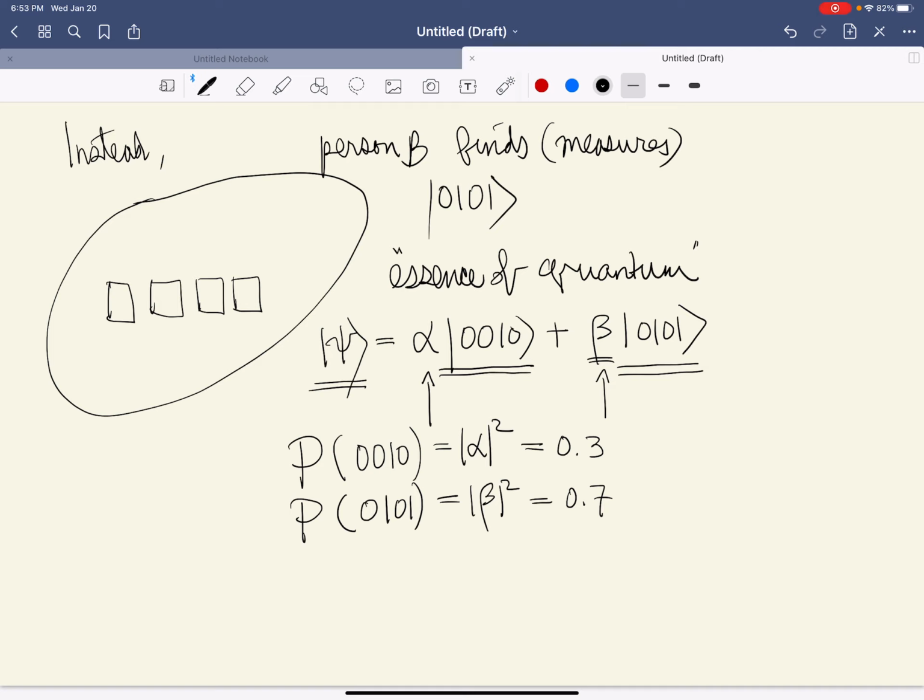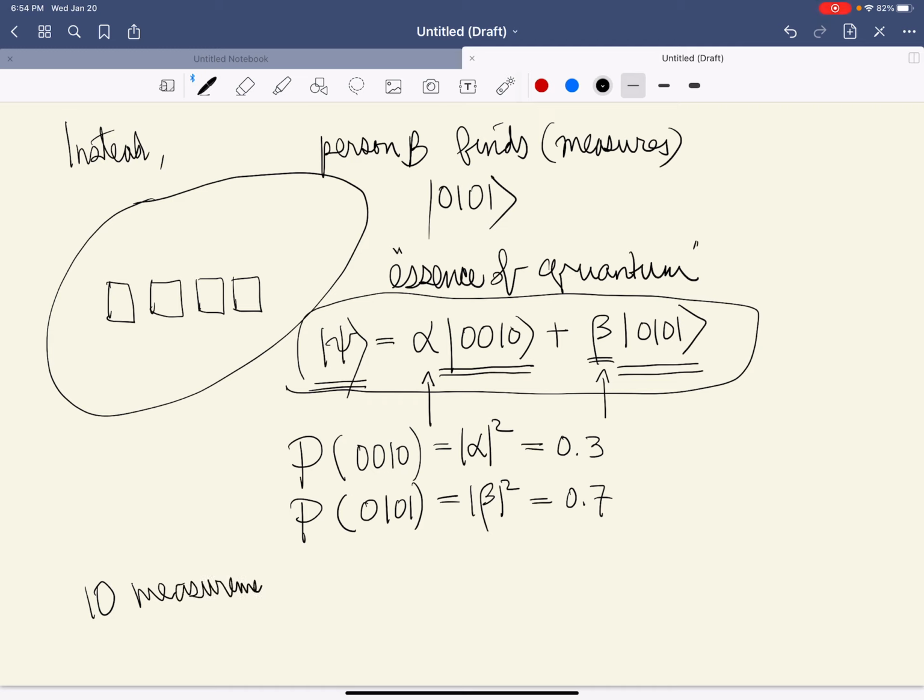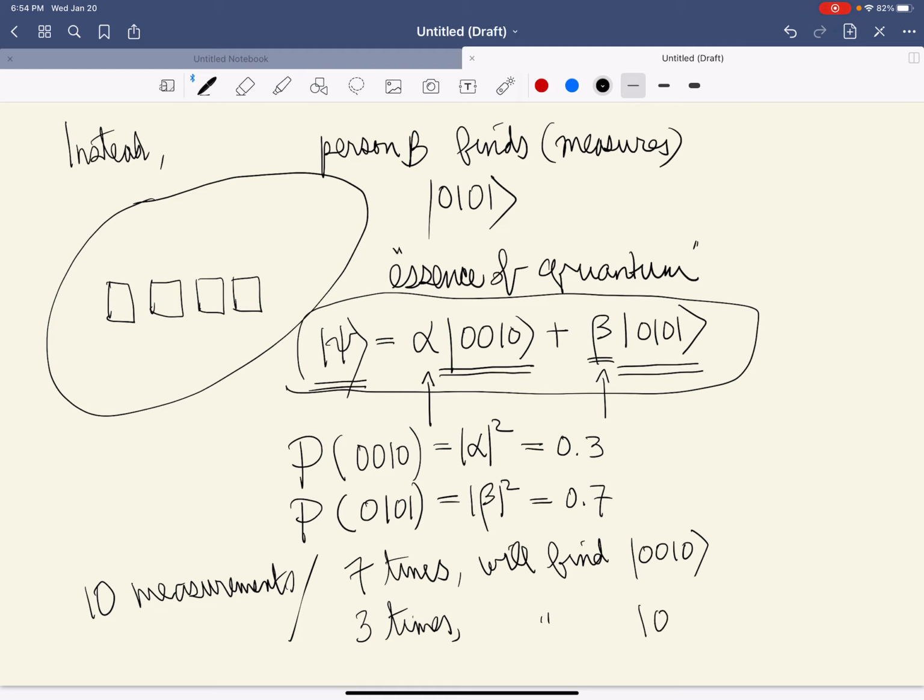Now, you keep making measurements on this quantum state. And for the sake of argument, let's say you made 10 measurements. Then out of these 10 measurements, about 7 times you will find that the outcome of the measurement is 0101, and about 3 out of 10 times you will find the outcome to be 0010.